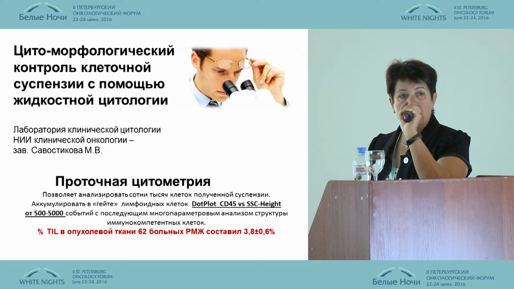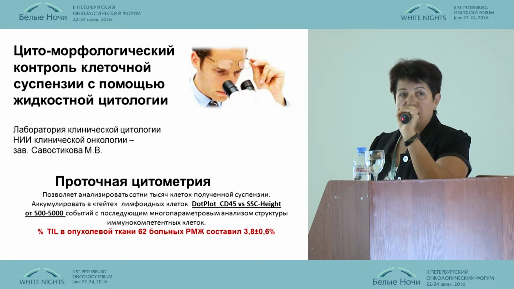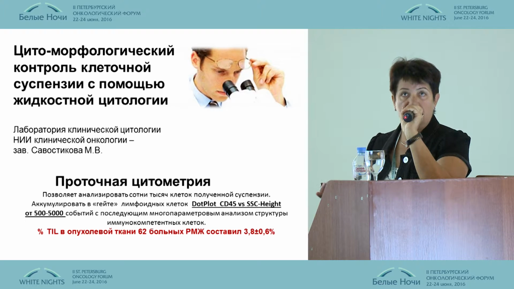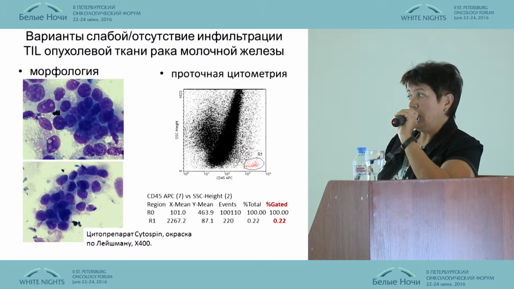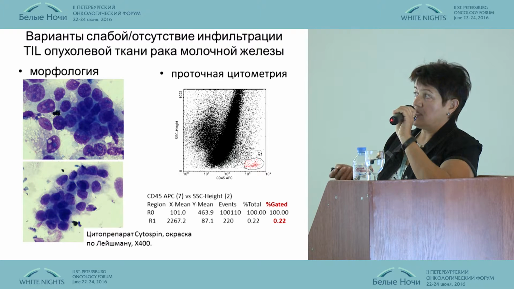So this suspension is put through morphological control by liquid-based cytometry. Of course, we compare our results, and it is not always the case that we come up with the same results.